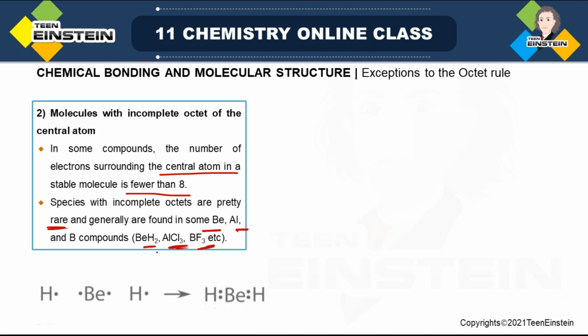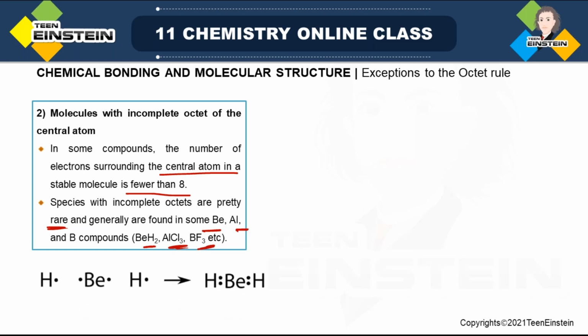Now Be is a group 2 element, an alkaline earth metal, the first element. Row-wise, it is in the second period. The first element is lithium, group 1, and the next after lithium is beryllium. Group 2 means the general electronic configuration is ns2.